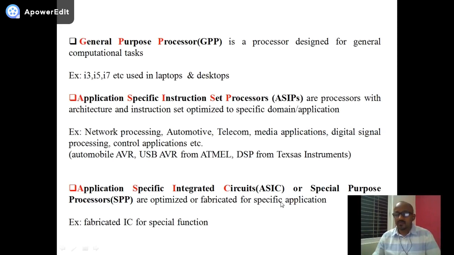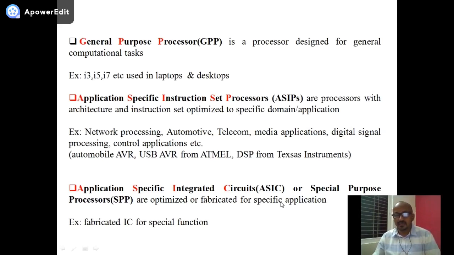As I told, we have already learnt Verilog, and in Verilog whatever circuits we have designed while studying the subject, for example, an adder. Once we design it using HDL and fabricate the IC, that fabricated IC is used only for addition. It cannot be used for multiplication or any other functions.